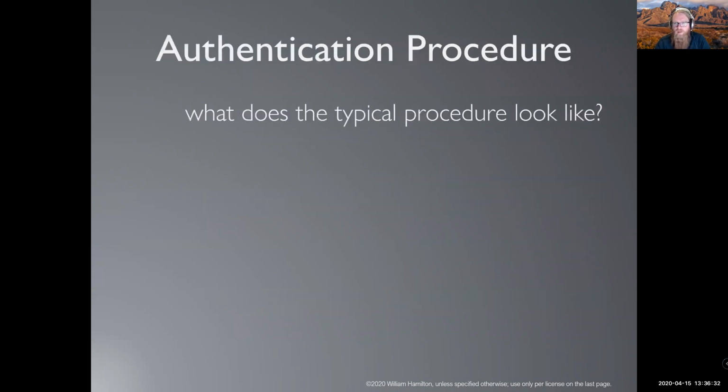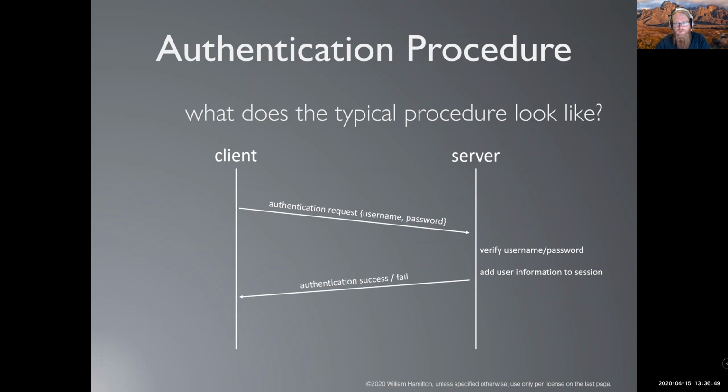So whenever someone has a username and password and they're trying to get into a system, that procedure looks like this: the person approaches the client, they enter a username and password. The client then sends that username and password to the server.